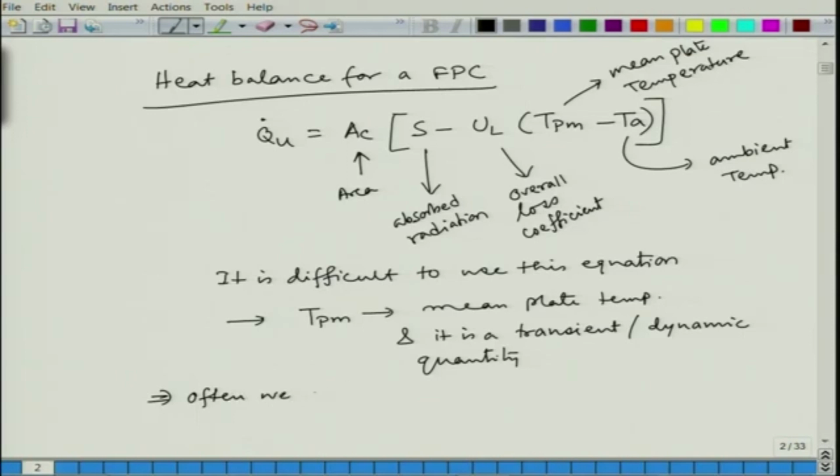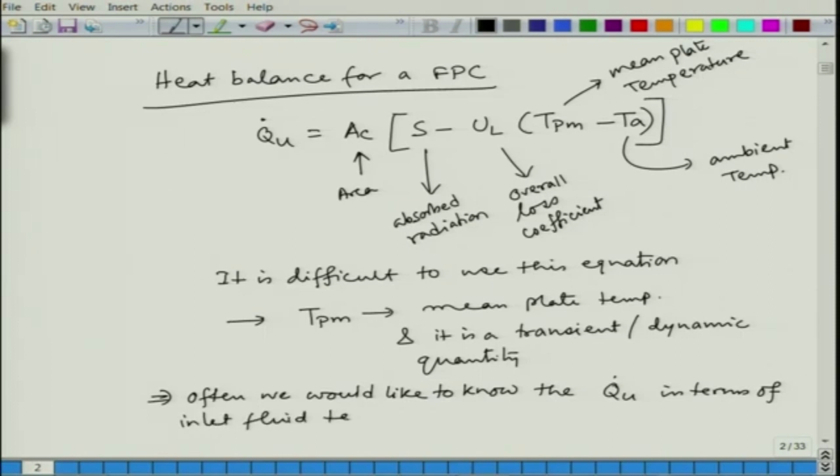Often we would like to know the useful heat gain, this Q u dot term, in terms of the inlet fluid temperature, because for this you do not need to analyze anything, you know it a priori, like what would be the inlet temperature of the fluid that you are trying to heat up.